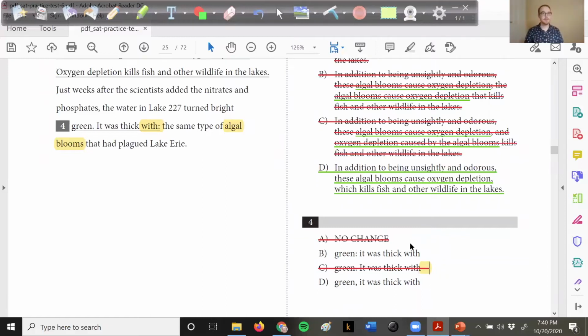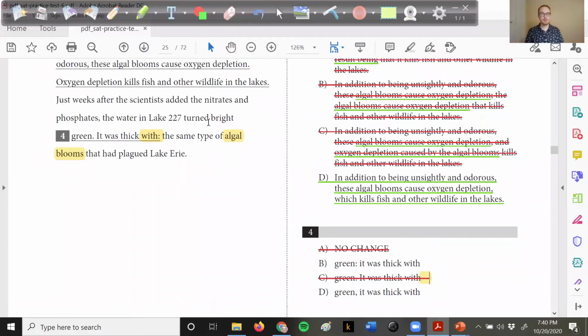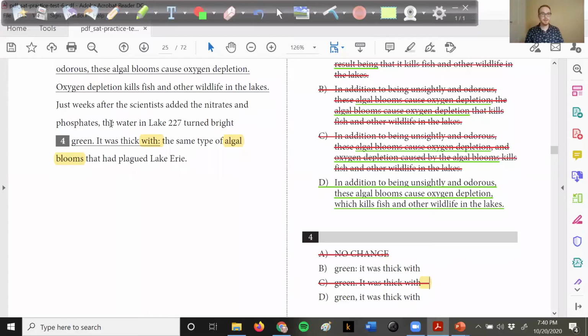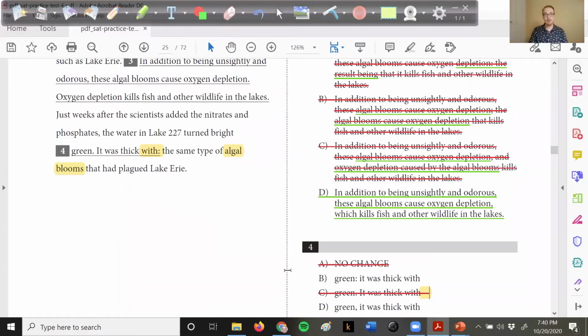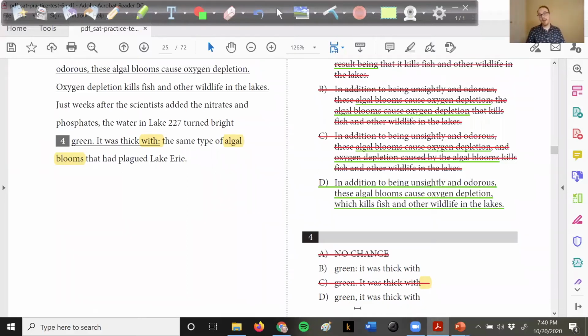D says, when plugged in, just weeks after the scientists added the nitrates and phosphates, the water in Lake 227 turned bright green, comma, it was thick with the same type of algal blooms that had plagued Lake Erie. Well, that creates a problem for our comma rule, because at that point, we have a complete thought on one side of the comma and a complete thought on the other side of the comma.